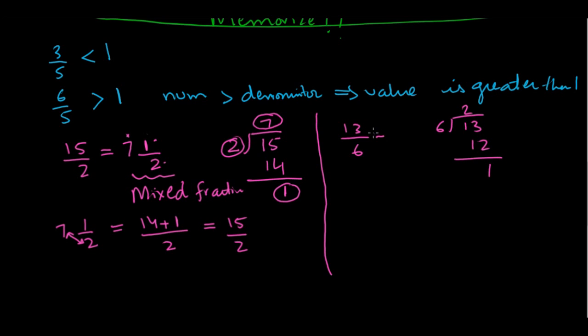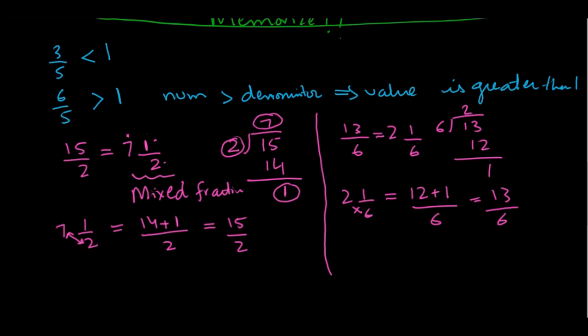So in this case, this fraction in mixed fraction terms would be your quotient 2, the remainder 1 over the original divider 6. Again, to go back from the mixed fraction to the original fraction, you do 6 times 2, 12, plus the remainder 1 over 6, which is 13/6, the original fraction that we had.